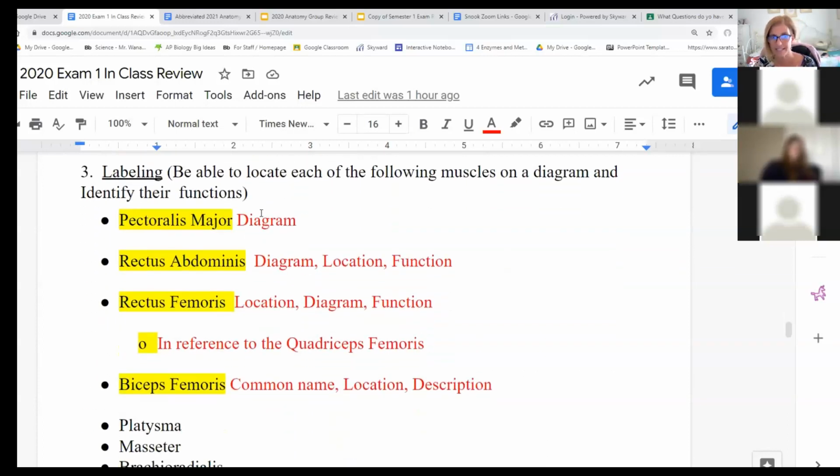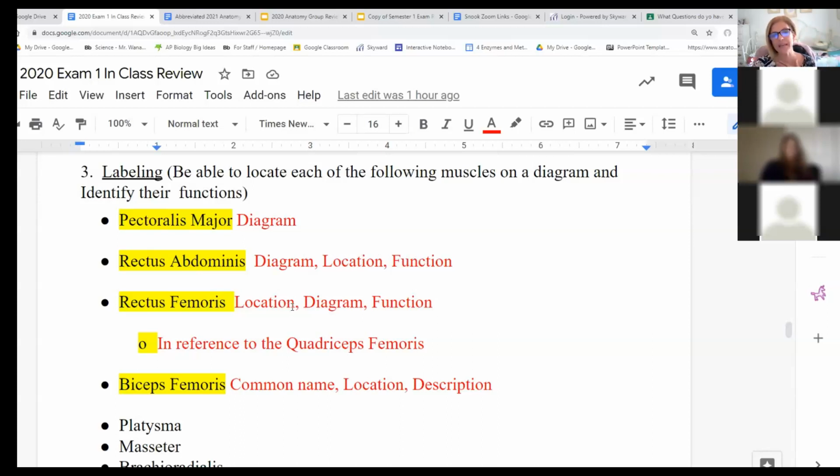And again, where it says diagram, that's labeling. You already had that list. But in addition to that, location would be a description, and function would be what it does. So rectus abdominis would be the anterior surface of the abdomen. The function would be to bend the trunk in several planes.